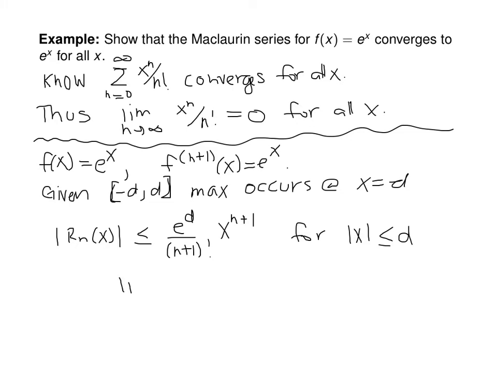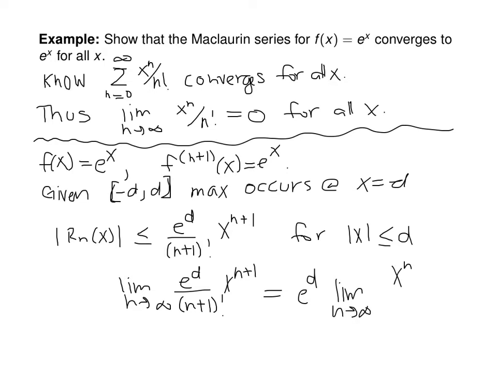And then taking a limit as n goes to infinity of the expression on the right, e to the d is just some constant, possibly humongous, but it is still just a constant. So we'll have e to the d factoring out, taking a limit as n goes to infinity of x to the n plus 1 over n plus 1 factorial, which we discussed up top has to be 0, so this is equal to 0.